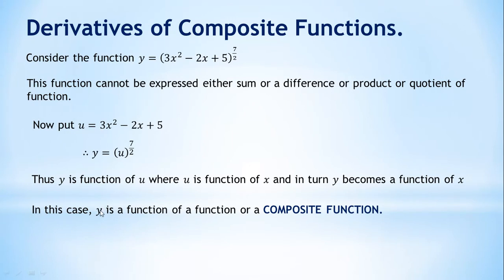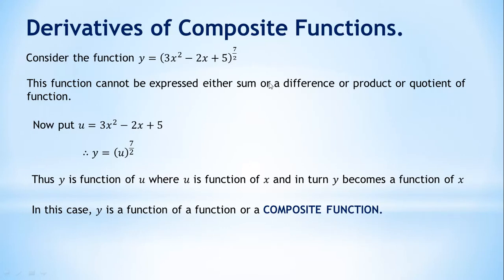So indirectly y is a function of a function, or it is also called a composite function. So this is just the concept of composite function, and the main part is what we have to find out, the derivatives of composite functions.